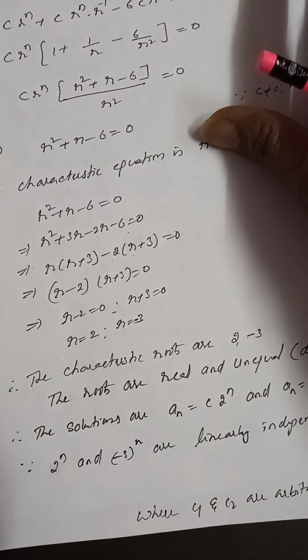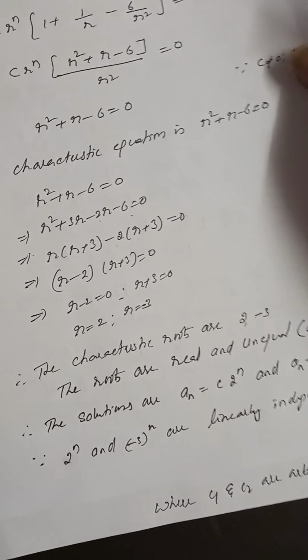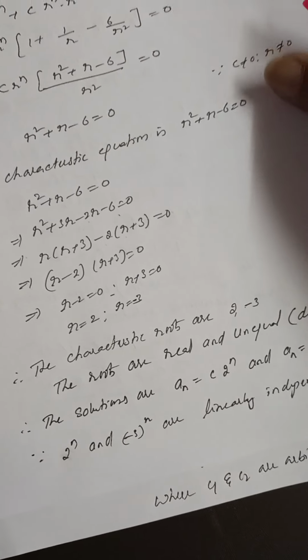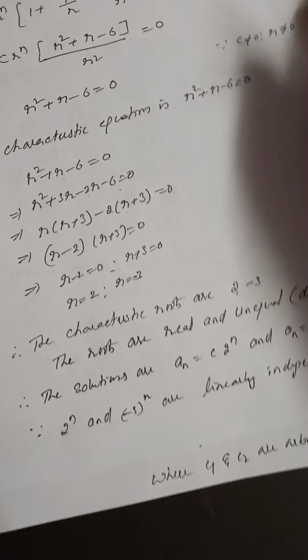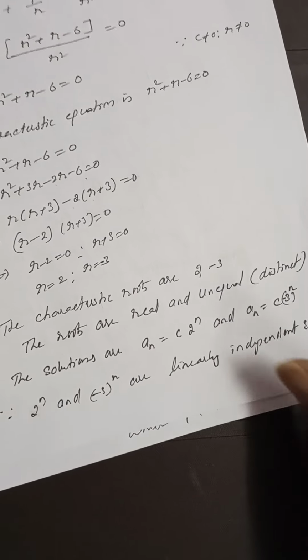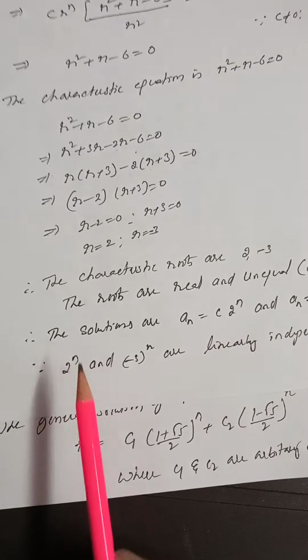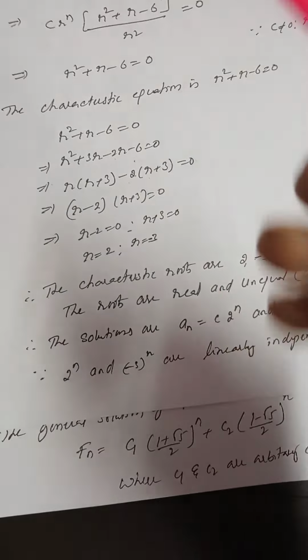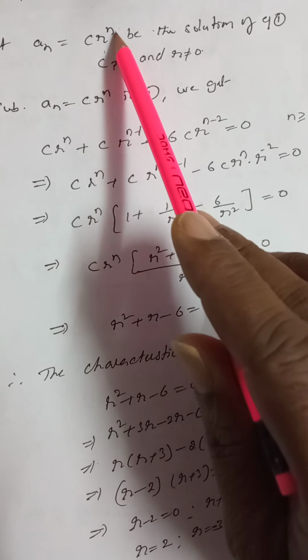Therefore the roots are 2 and minus 3. Here the roots are real numbers but not equal. That means the given recurrence relation has real and distinct roots, or you can say the roots are real and unequal. Now, the solutions are 2 power n and minus 3 power n.